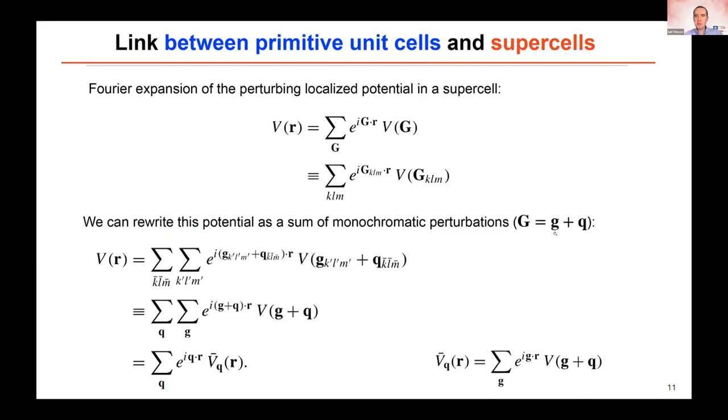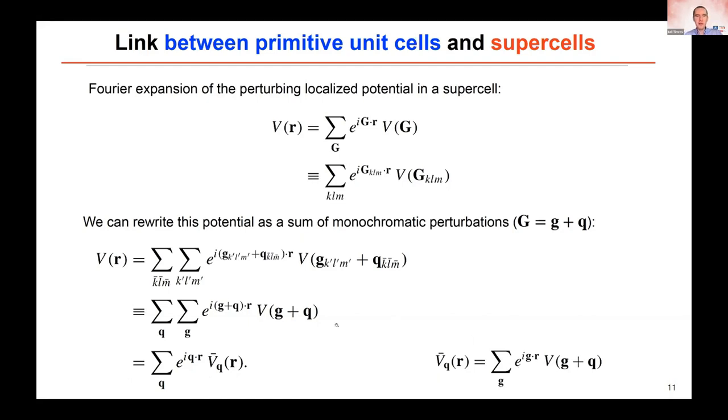By doing so, we use this definition in the expression above, and after some really simple steps, we essentially obtain the result that the potential V of R in the supercell can be written as a sum over Q points, or Q vectors, with the phase factors exponential of iQ·R and some new objects V bar Q of R, and these objects are defined above. These are lattice periodic objects.